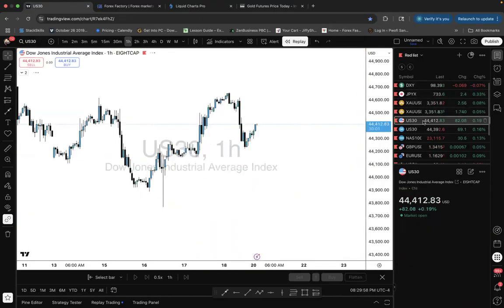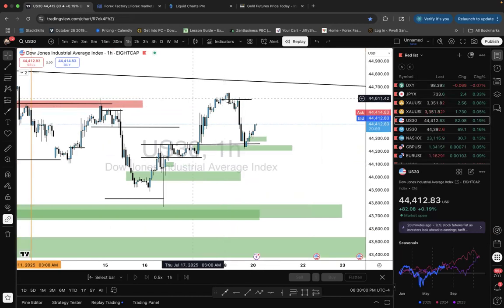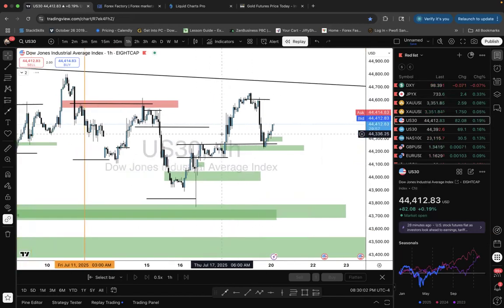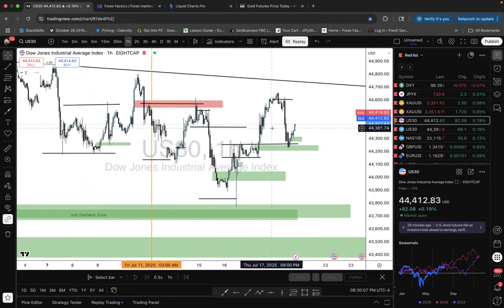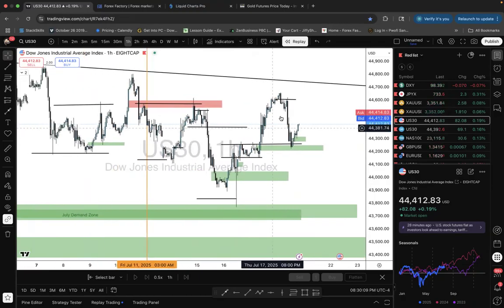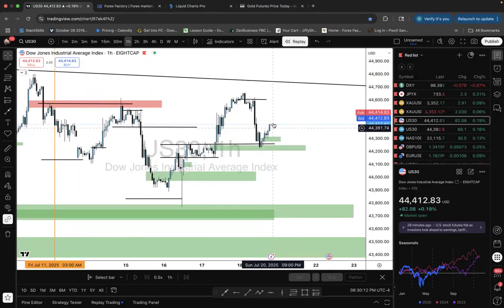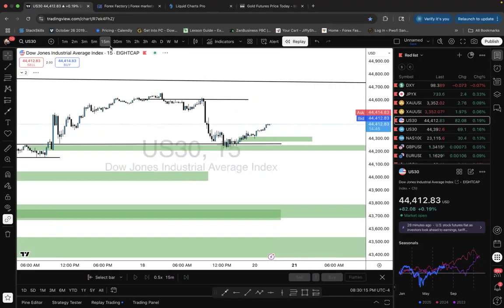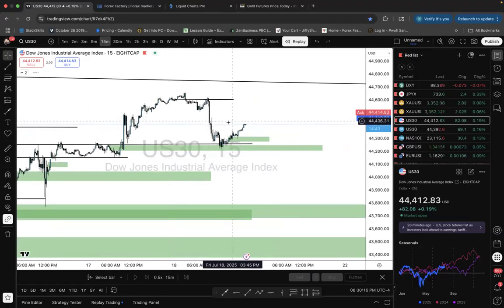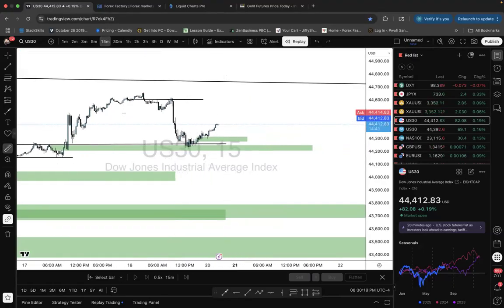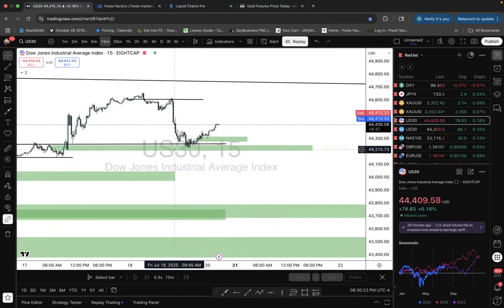Let's move back into US 30. I think price is respecting the structure and everything looks to be going according to the way structure is supposed to be. Do we get in now? At your own discretion. I think if we're going to go conservative, the stop loss would have to be placed below Friday's lows.